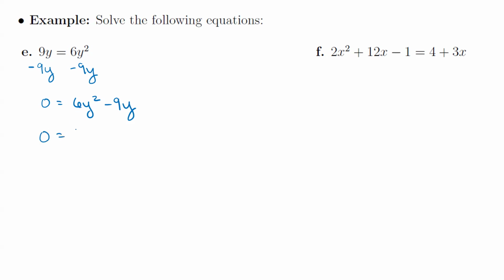Of course, we're going to factor not only a y out, but a 3 out, right? Doing our easy factoring. So that leaves us with 2y minus 3.